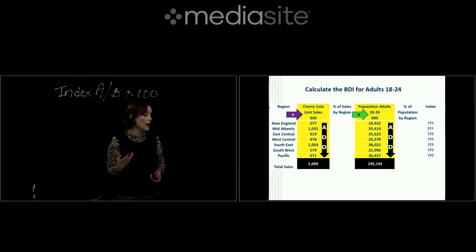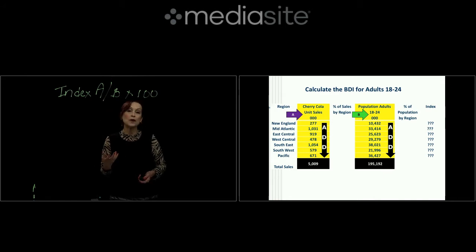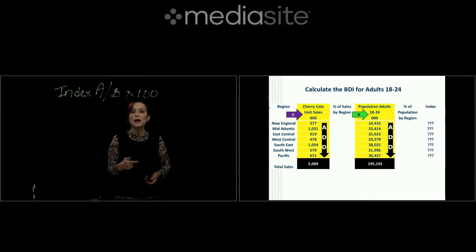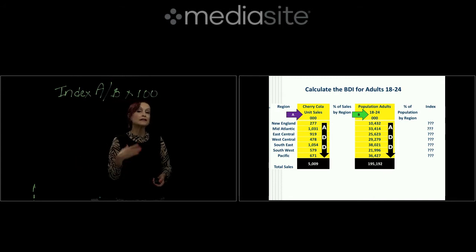Mid-Atlantic with 1,031,000. East Central with 919,000. West Central with 478,000, Southeast with 1,054,000, Southwest with 579,000, and Pacific 671,000.